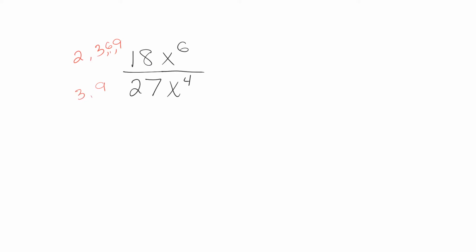Well, they both divide by 3, but they both divide by 9. So 9 is the biggest number that they divide by. We can use 3, but 9 is going to be more efficient. So if I divide 18 by 9, I get 2. And if I divide 27 by 9, I get 3. So that means 18/27 simplifies to 2 over 3.